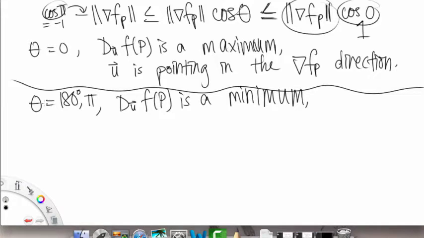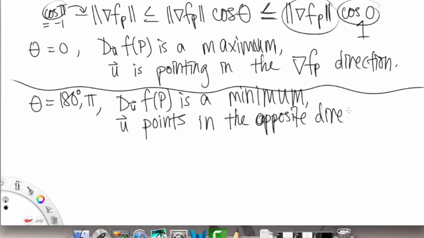And when theta is pi, a full 180 degrees, that means that the unit vector u points in the complete opposite direction to our gradient at that point, okay?